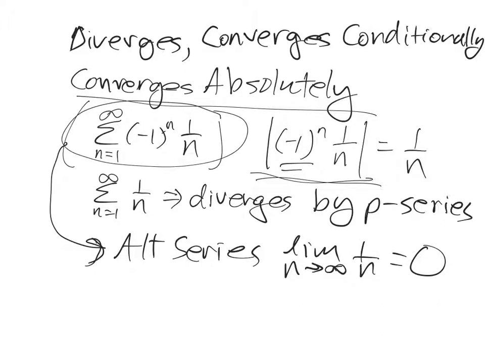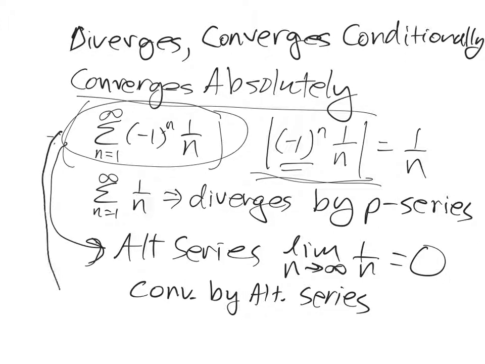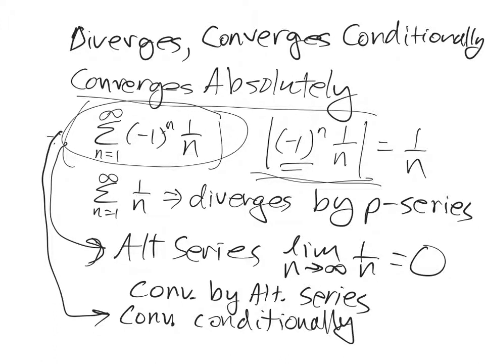Okay. So since the limit of our a sub n term equals 0, what do we end up with? It converges by the alternating series test, so we say this series will converge conditionally. And that's only going to be for the alternating series? Yeah, that'll happen with alternating series.